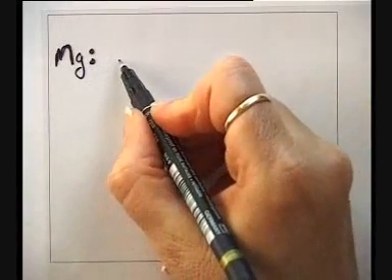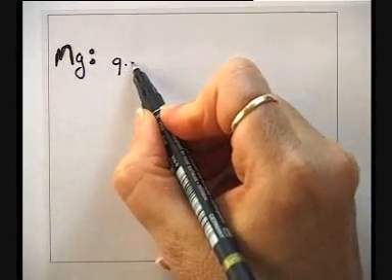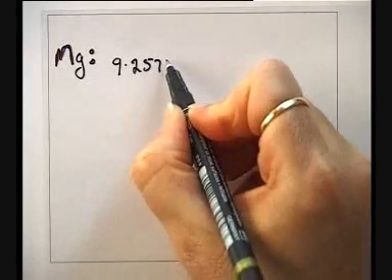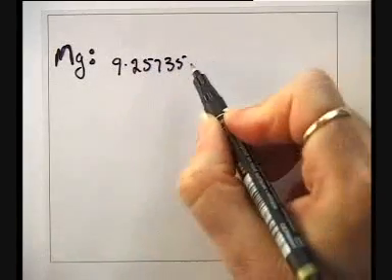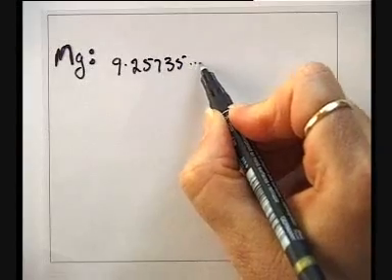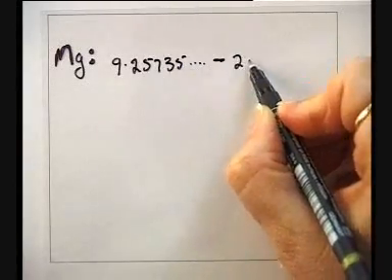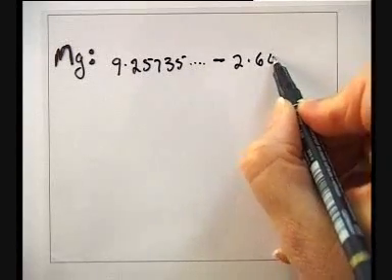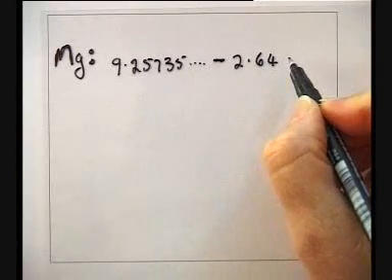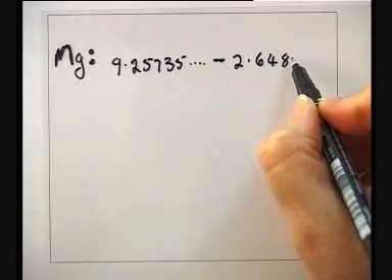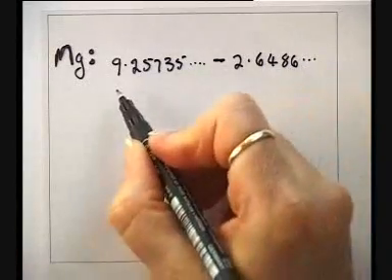To calculate the excess magnesium, it will be the difference between what we started with, 9.257 moles, minus the magnesium consumed, the magnesium needed, 2.6486 etc. moles.